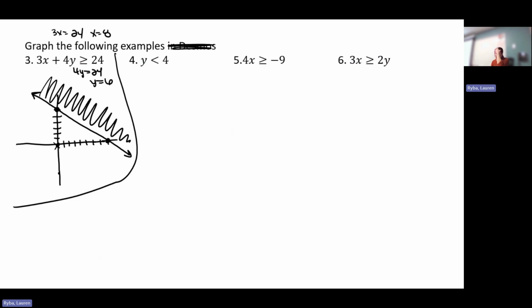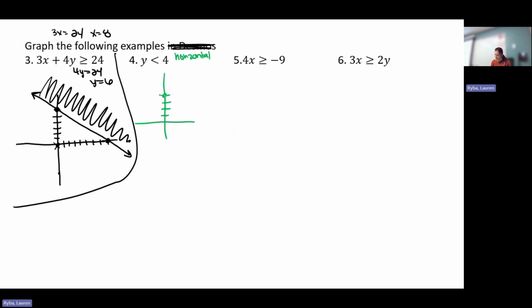All right, next one is y is less than 4. So when you just have y and a number, this is a horizontal line through the value of 4. Okay, because y equals 4 is up here.